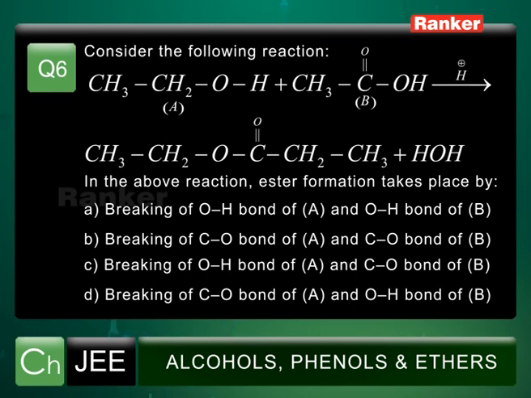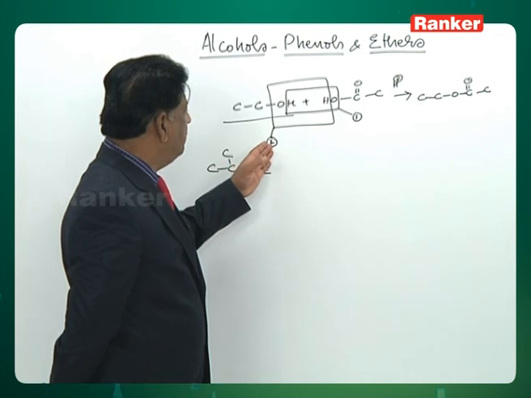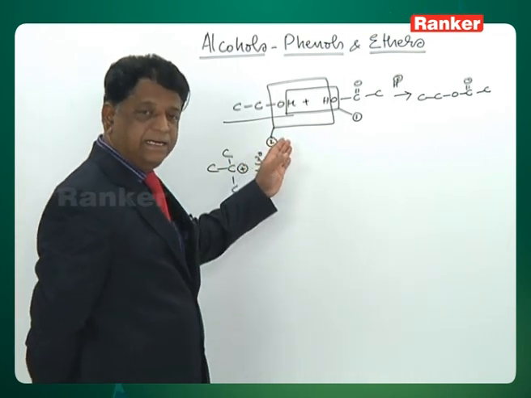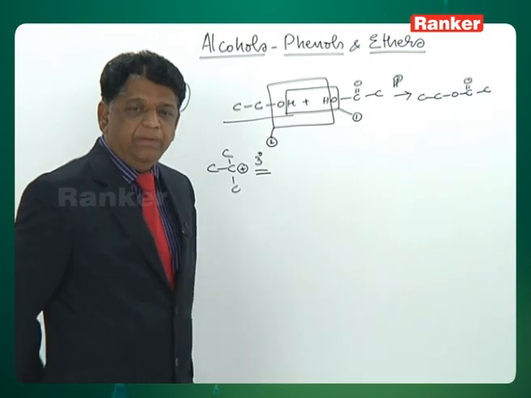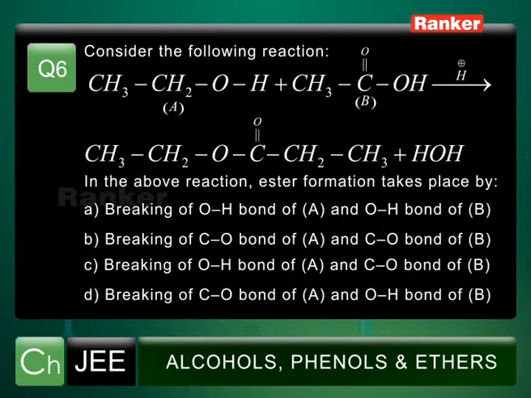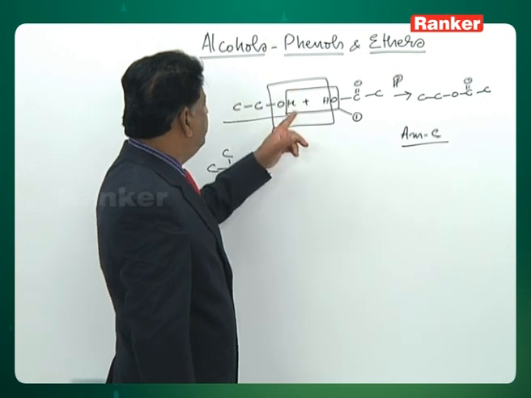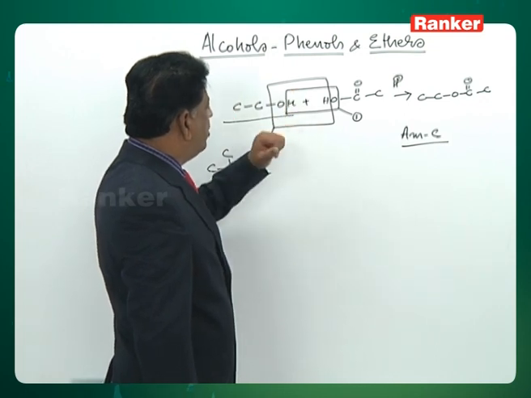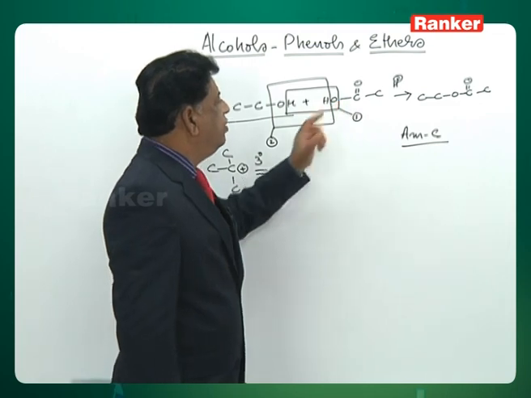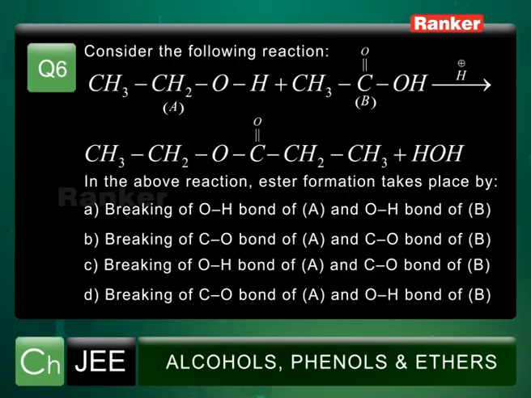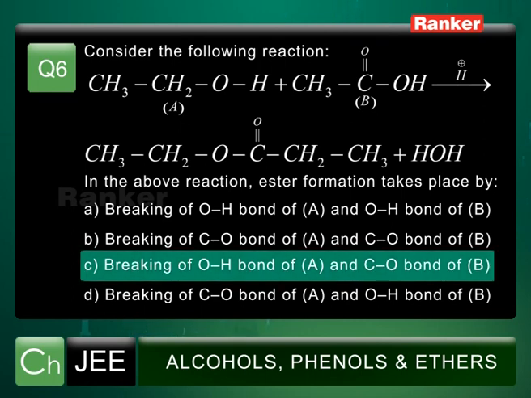And breaking of the OH from this one is only the tertiary case, as I said, it is possible from the acid OH coming, okay, but tertiary loses the OH, so therefore answer D is wrong, answer C is the right answer. So answer C says what? Breaking of the H, that is OH from the alcohol, breaking of CO from the acid is the right one. So therefore answer C is the right answer.